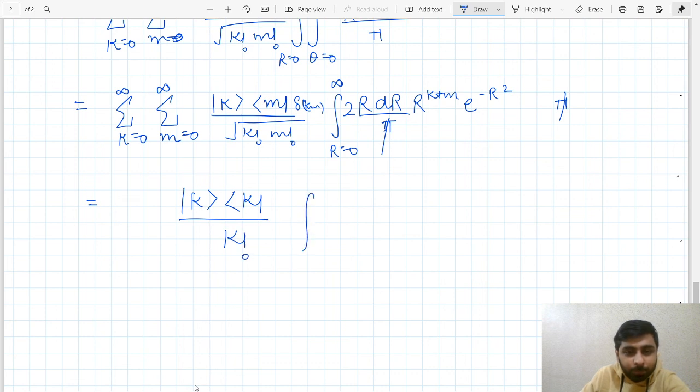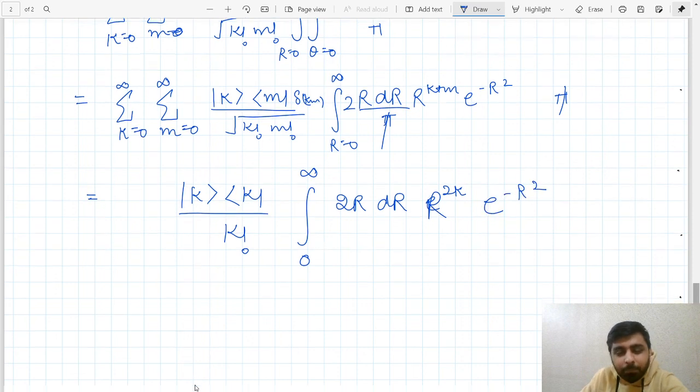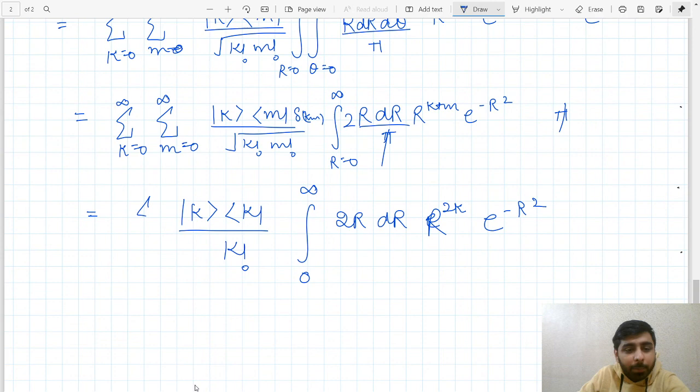And so this is the integral from 0 to infinity of 2r dr, and because k equal to m were the only terms that were surviving, we get r to the power 2k, e to the power minus r squared.